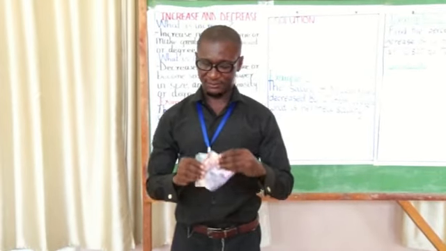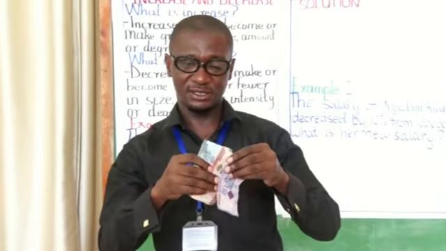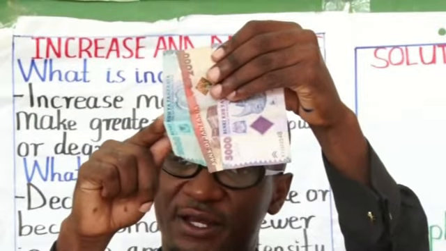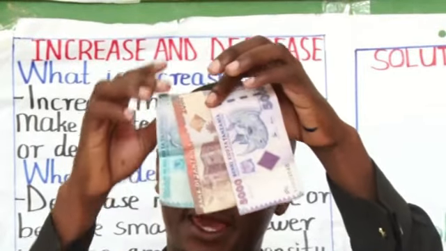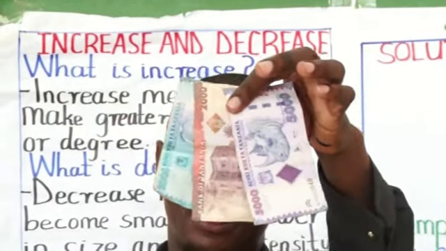You have 8,000 shillings: 5,000, 2,000, 1,000, which give us 8,000 shillings. Here you can see them.